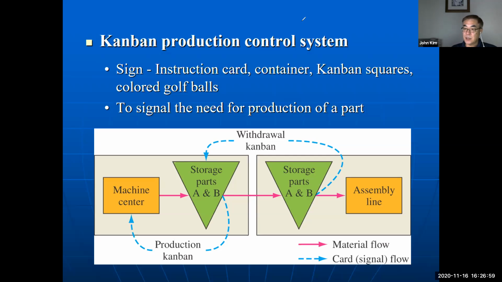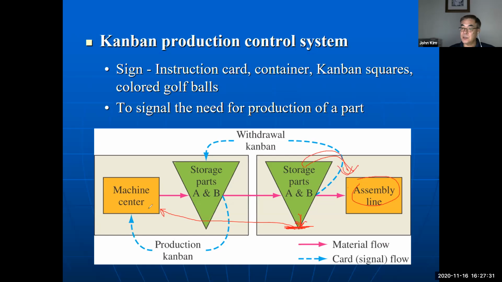So when it starts, these 2 Kanban containers are full with parts. This downstream uses parts, and when they reach a certain point, maybe there is a sensor, and then it sends a signal: I need parts.